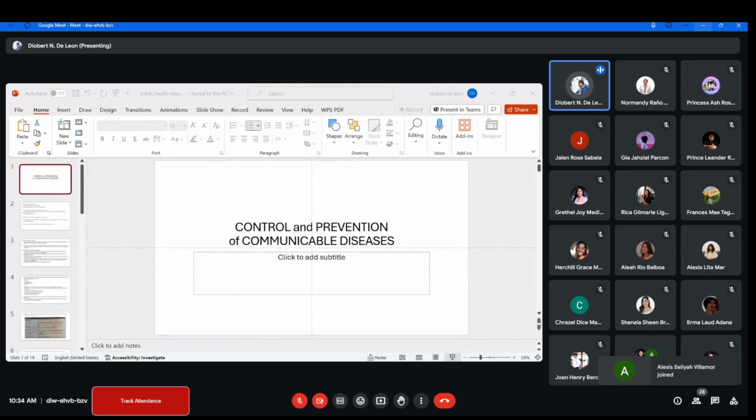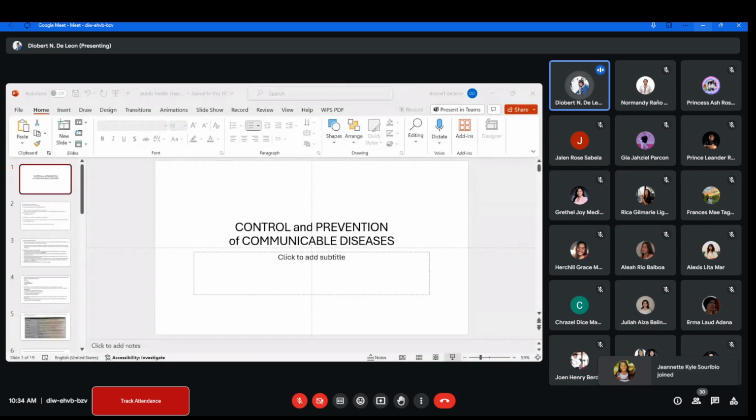Control and prevention of communicable diseases. Okay, we have two categories of disease. We have communicable. Ibig sabihin, the disease is transmittable. Okay, it can spread from one person to another. The non-communicable diseases naman is non-transmissible siya, no? So, it does not infect other persons. So, again, communicable, transmittable.